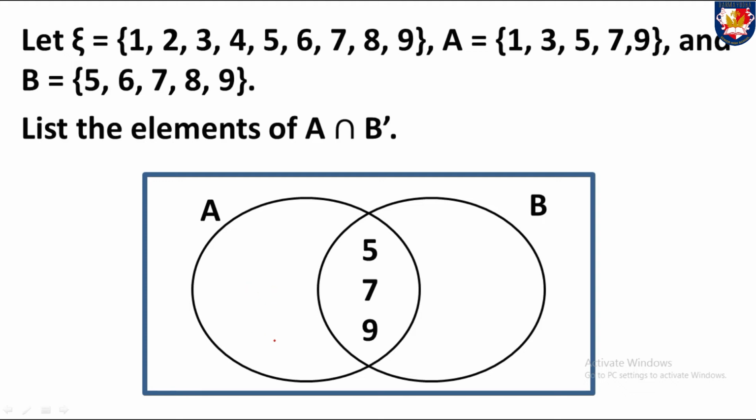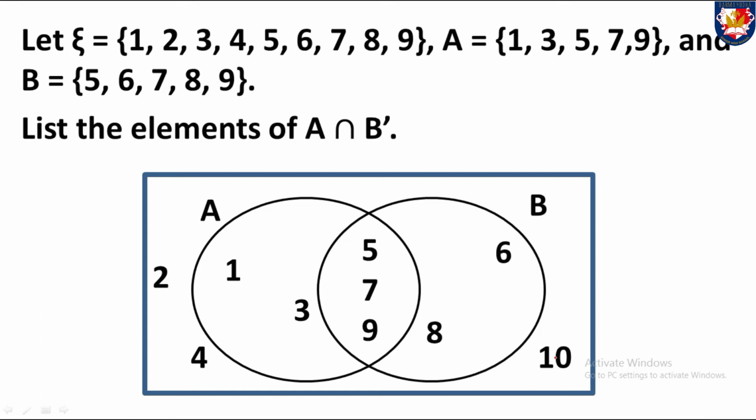The elements of A except 5, 7, and 9, so the rest of A is 1 and 3. And what numbers belong in this region? The elements of B except 5, 7, and 9, which are 6 and 8. The rest of the elements of the universal set do not belong to A and do not belong to B, so we write them outside A and B, which are 2 and 4.